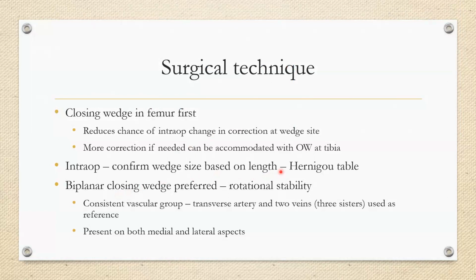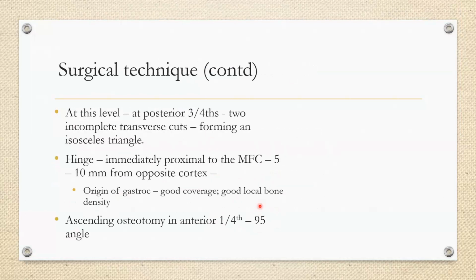So how to go about identifying the landmark for distal femur osteotomy? The most consistent landmark is the vascular group present on both the medial and lateral side. There's a transverse artery with 2 wings, which marks the starting point for osteotomy. They are richly collateralized and hence can be sacrificed if necessary.